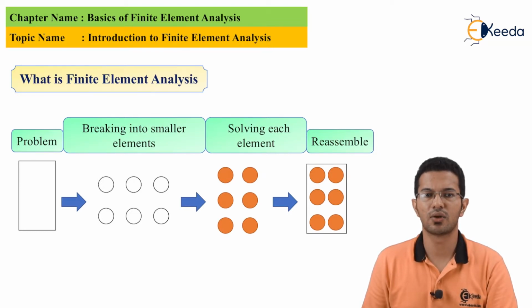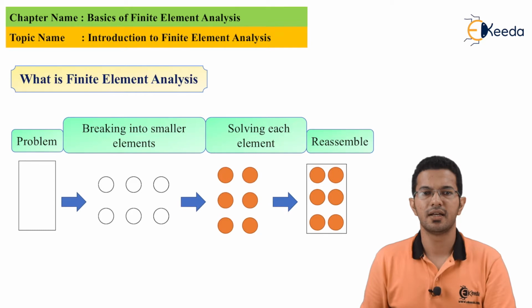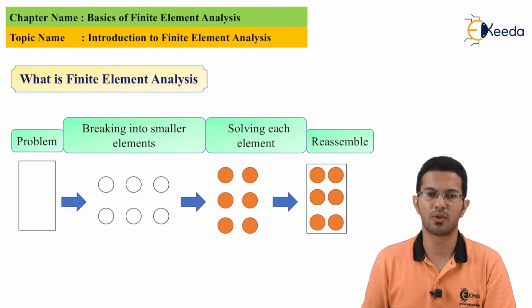We definitely cannot get the solution to any of the complex problems using the analytical or the experimental method. Hence, we will break down the problem into smaller parts. Then we study each broken piece by applying the various numerical methods. After getting the solution to each of the broken pieces, we integrate or assemble them to get the solution to the original problem.